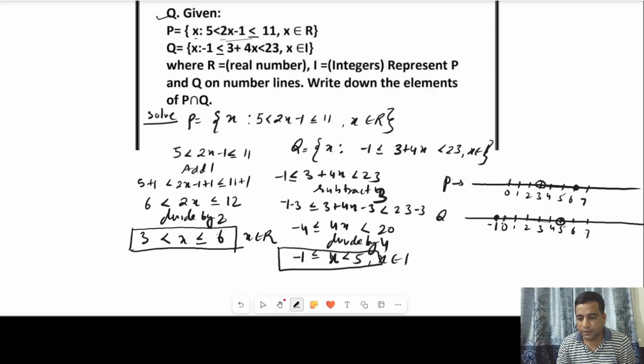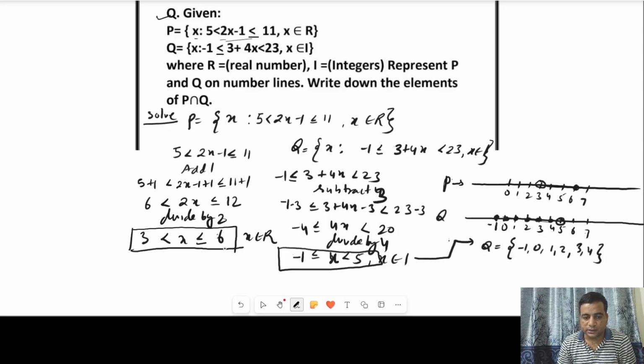X is an integer means -1 comes in the solution, as well as 0, 1, 2, 3, 4. So the Q set becomes -1, 0, 1, 2, 3, and 4.